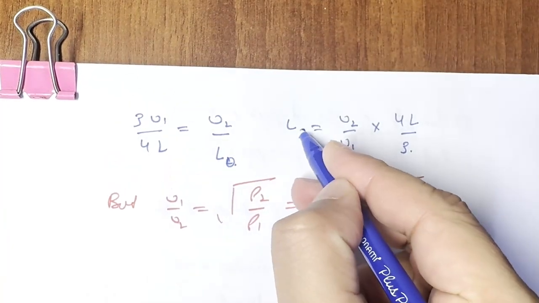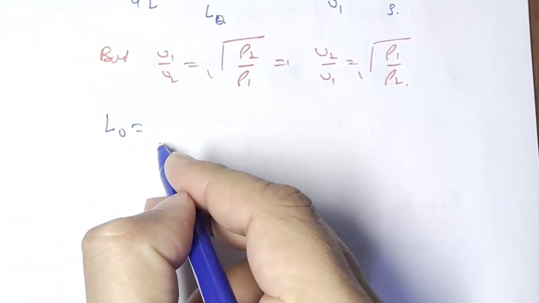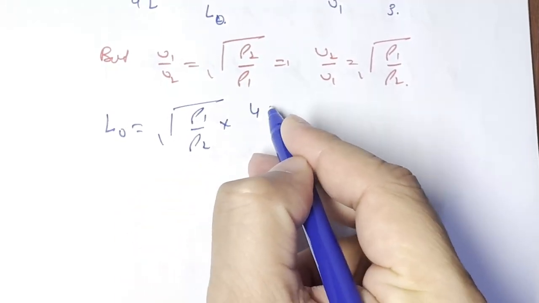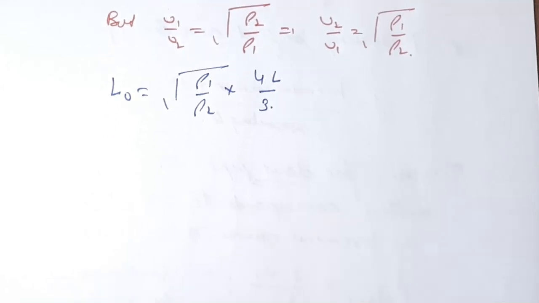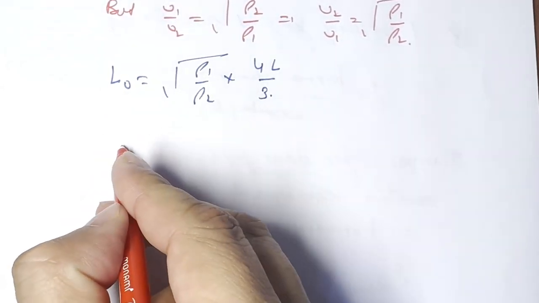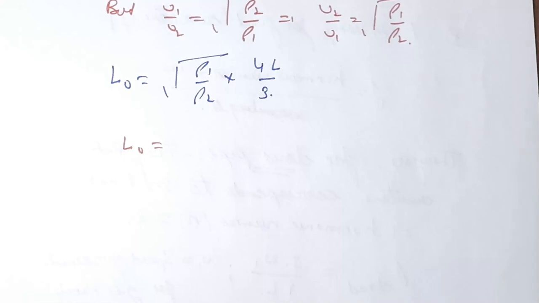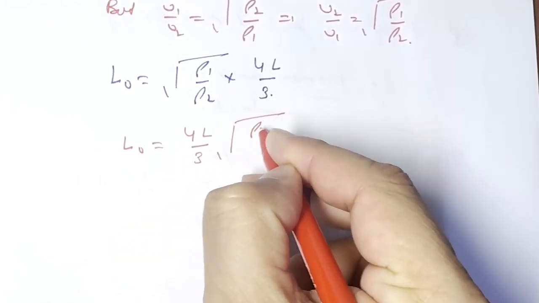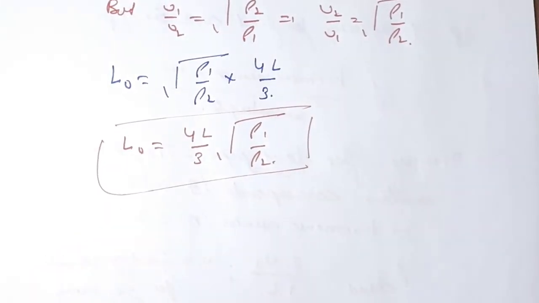So we get L naught is equal to square root of rho 1 upon rho 2 multiplied by 4L divided by 3. We can just rearrange it: L naught will be equal to 4L divided by 3 times square root of rho 1 upon rho 2.